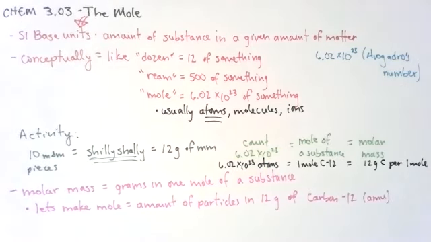So they kind of standardized it by making this their base. We can now say that the Avogadro's number in 1 mole is equal to, and hopefully you recognize that this is the atomic mass.